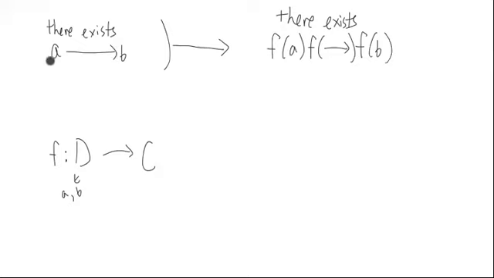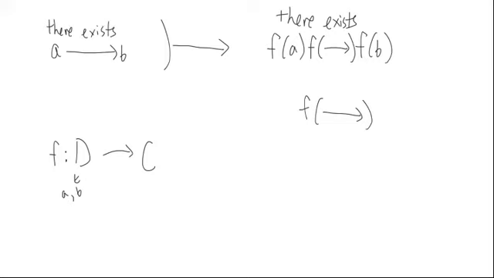There exists an arrow from A to B turns into there exists an arrow from f of A to f of B. And all the arrows in the image of f are going to be of the form, well, an image arrow. So that just means the arrow that this arrow is sent to. So arrows are sent places and elements are sent to places. So this is one example of what it means for a function to preserve structure.